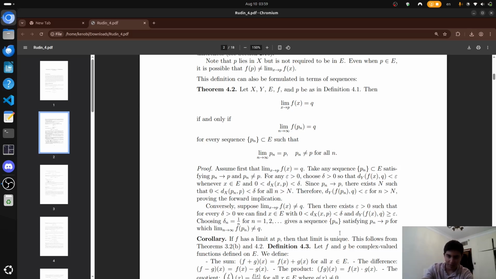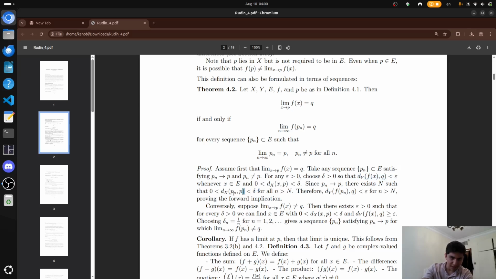Yeah, because it lies in this neighborhood. This Pn over here lies in this neighborhood. So we know that this neighborhood is related to this other neighborhood in the y-axis, right?